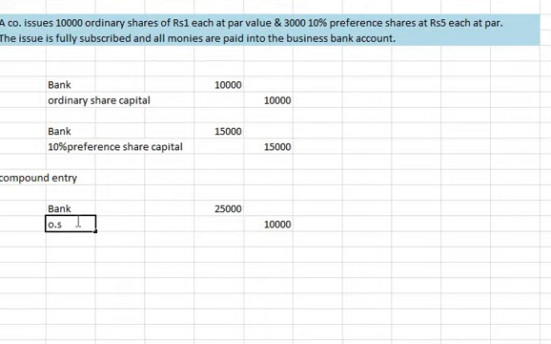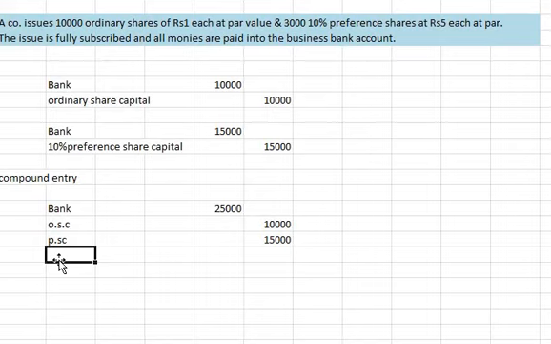Here I am writing in short. It should be written as ordinary share capital 10,000 and preference share capital 15,000. So what will be your narration here? To record the issue of ordinary shares and preference shares at rupees 1 and 5 respectively. That will be your narration. This is how we record your journal entry.